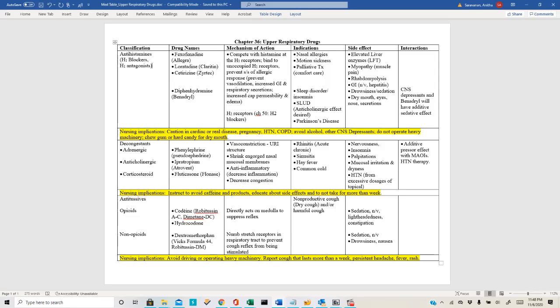So when there's constriction, the anticholinergic helps, but it dries the rest of the body, right? So they'll have trouble with urination, defecation, things like that. But when the ipratropium is given in a spray form, it doesn't have as much of the side effects like a PO medication.